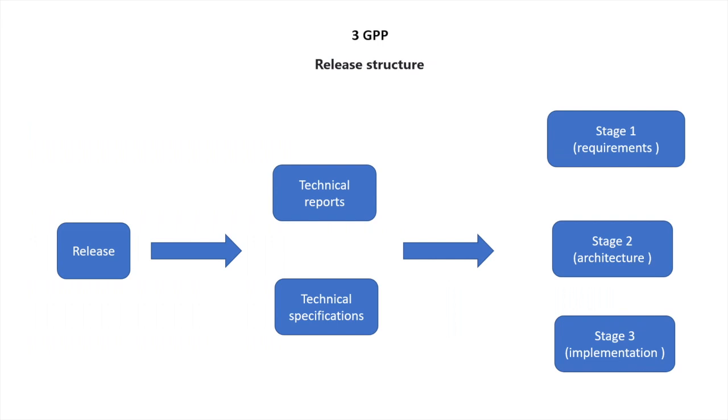Stage 1 specifications define the service requirements from the user point of view. Stage 2 specifications define an architecture to support the service requirements. Stage 3 specifications define an implementation of the architecture by specifying protocols in detail.